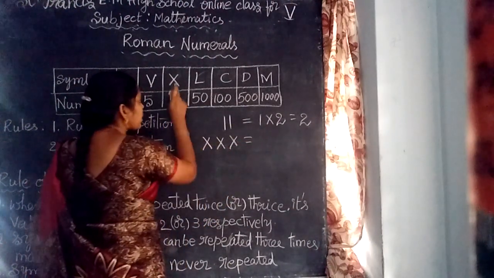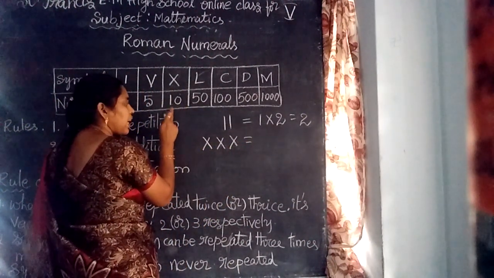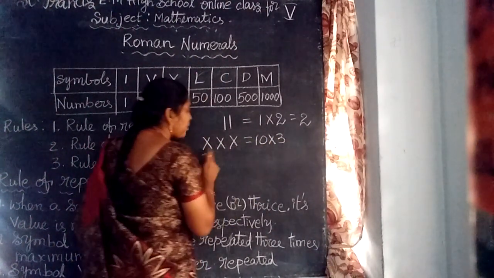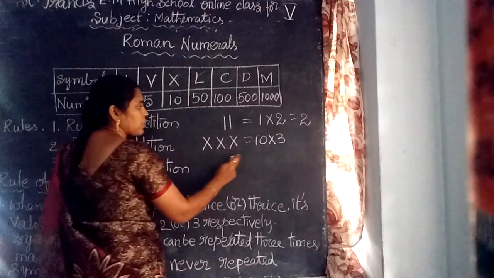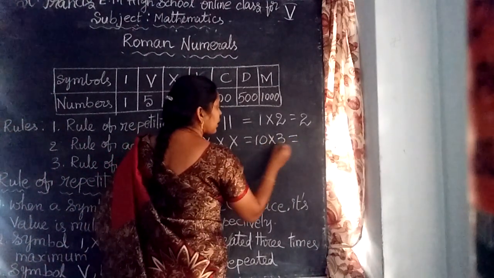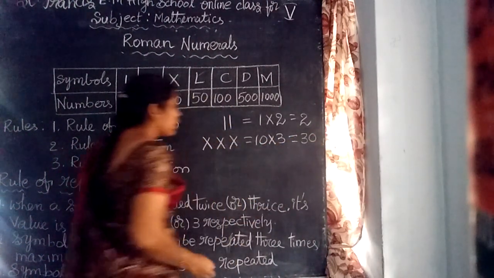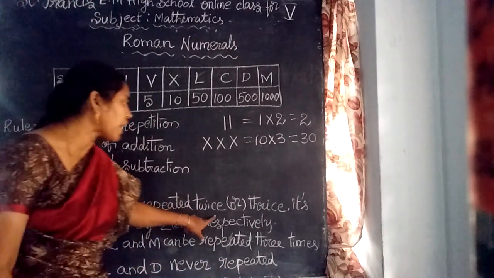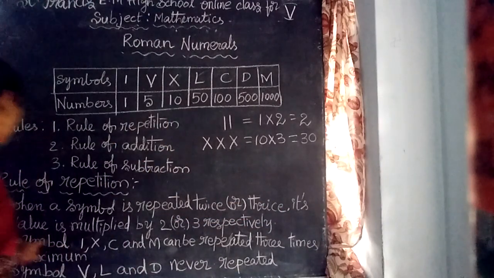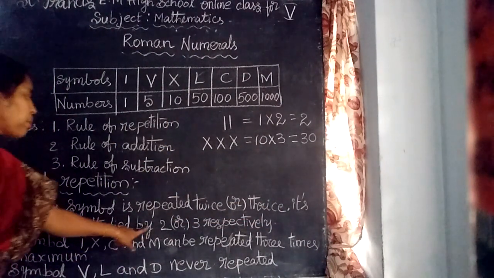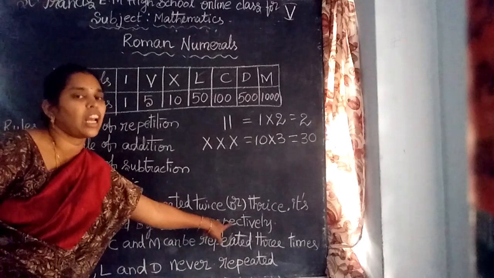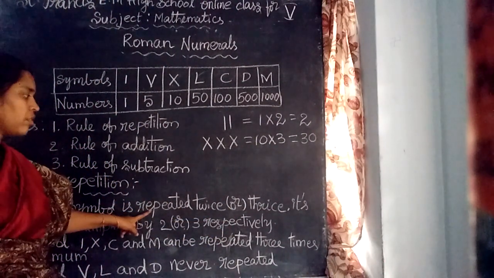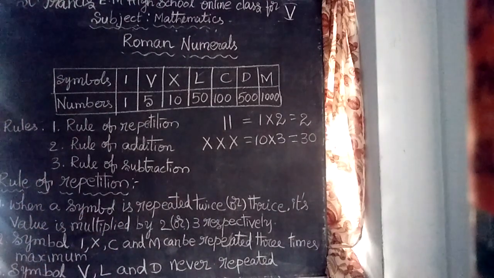What is the value of X? X stands for 10. 3 times it is repeating, so multiply by 3. 10 threes are 30. When a symbol is repeated twice or thrice, its value is multiplied by 2 or 3 respectively. Is it clear, children? Then I am going to the second point.